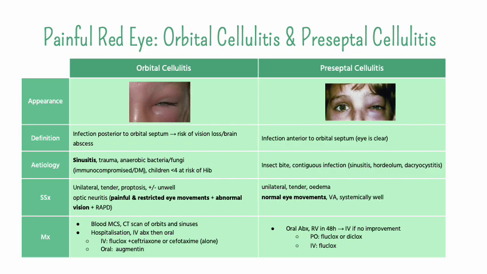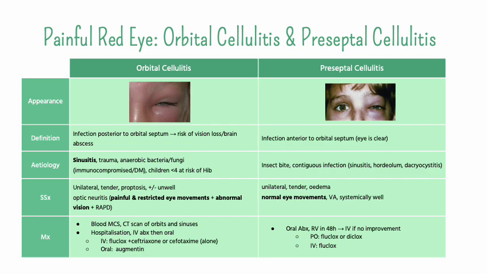The periorbital or preseptal and orbital cellulitis are distinct clinical diseases, but they do have overlapping clinical features. The main thing to consider in orbital cellulitis is that the infection is posterior to the orbital septum, whereas in preseptal cellulitis, the infection is anterior to the orbital septum.